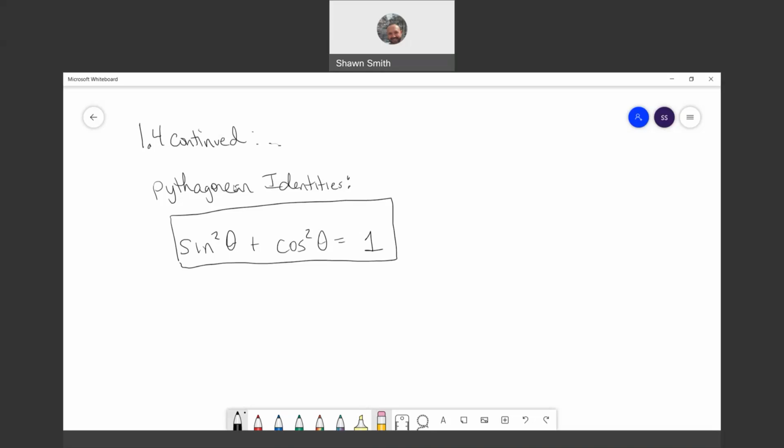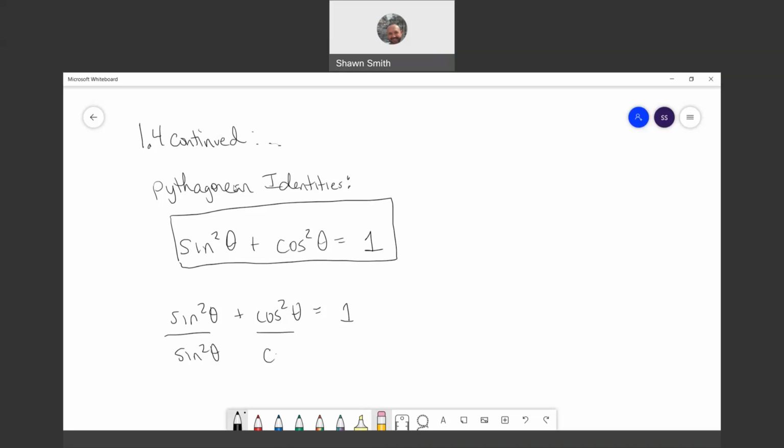Now, if I take an equation, I can add, subtract, multiply, divide by a number, as long as I do it to one side, I do it to the other side, right? So I'm going to do that. I'm going to divide everything by a number. Sine squared is a number, right? You can type that in the calculator and see sine squared of any angle and get a number out.